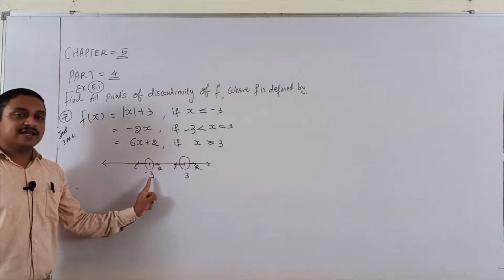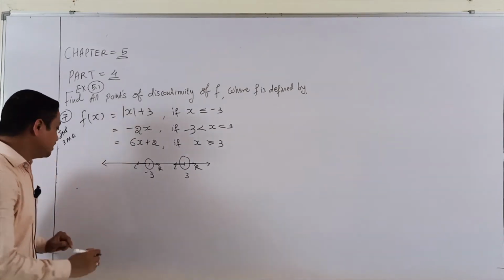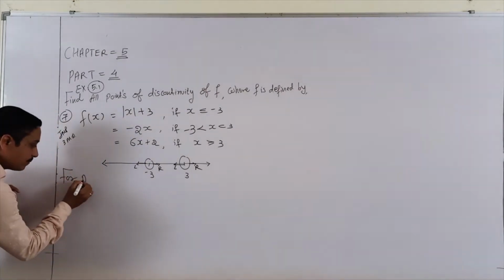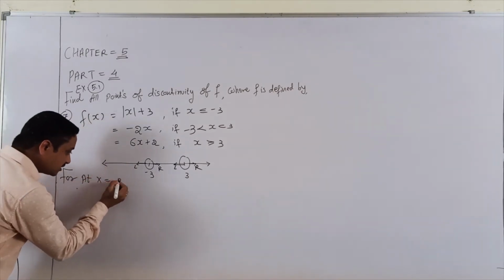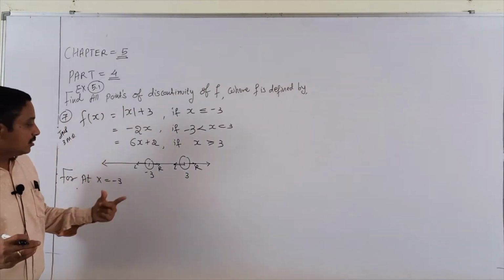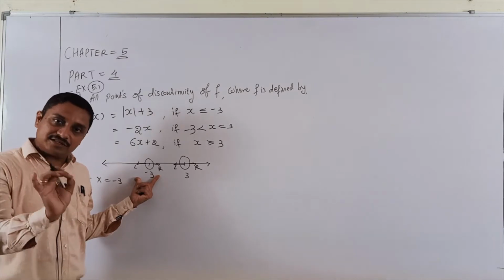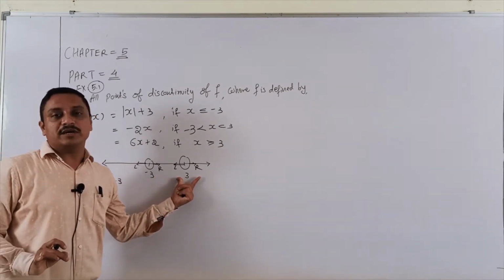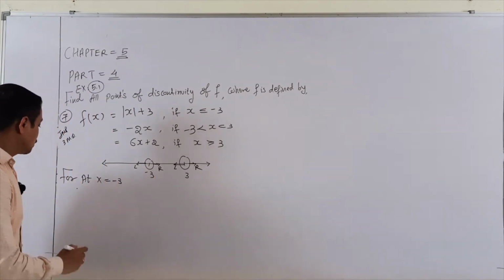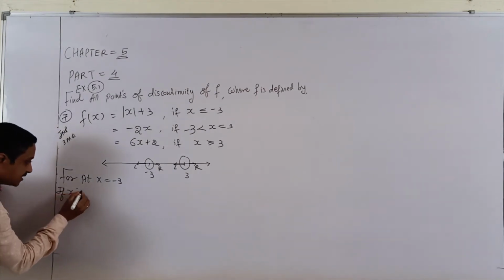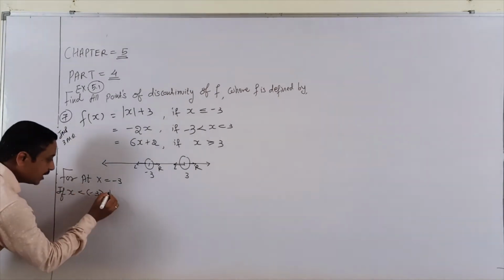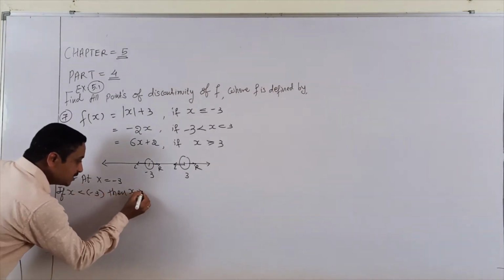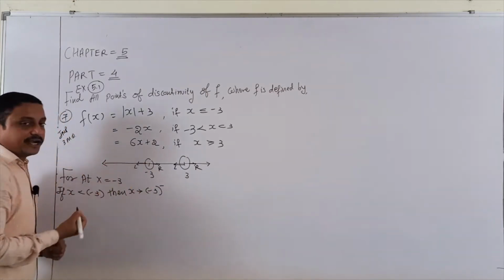So first I check at x equal to -3. This is a big numerical: 1.5 marks for checking at -3 and 1.5 marks at 3. So if x is less than -3, then x tends to -3 minus.